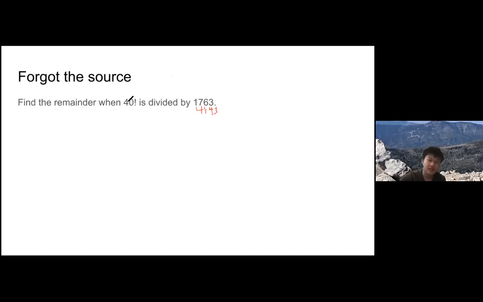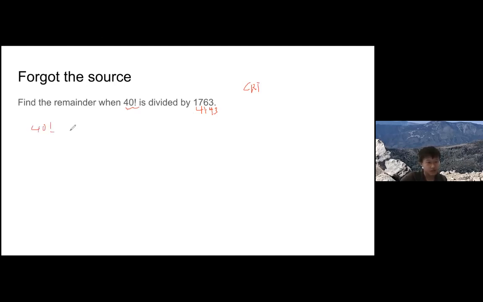So first of all, what ideas will we probably end up using? Since 1763 isn't prime, we'll probably want to split the problem into 41 and 43 and put it back together using the Chinese remainder theorem. Since we see a large factorial, we're probably also going to be using something like Wilson's theorem or that trick I mentioned earlier.